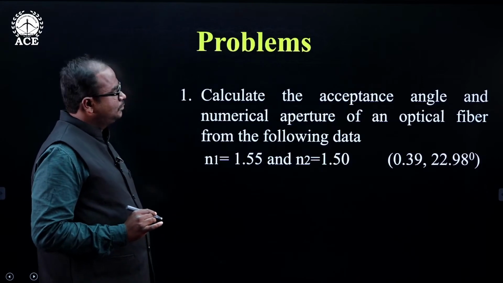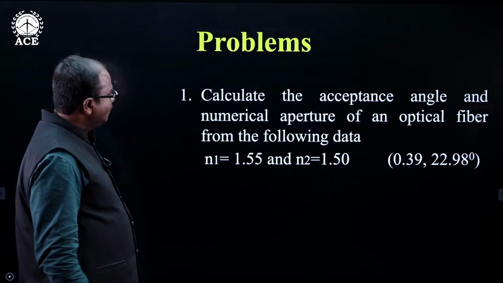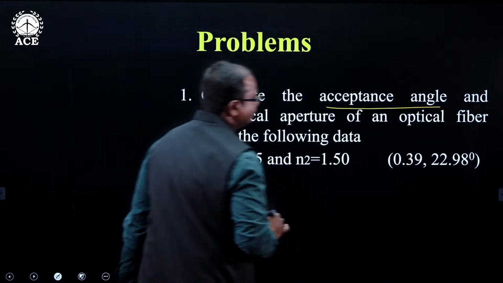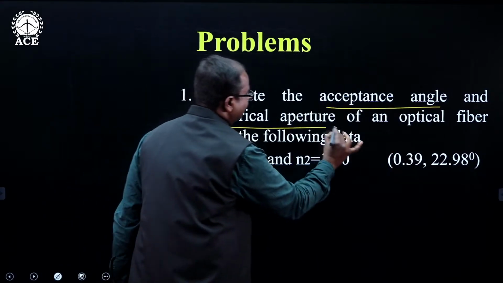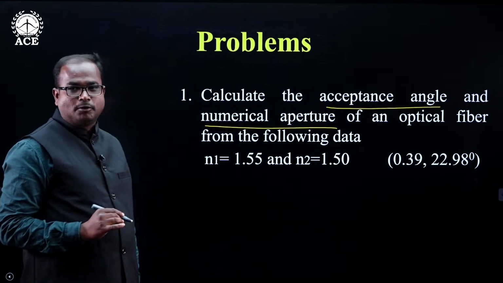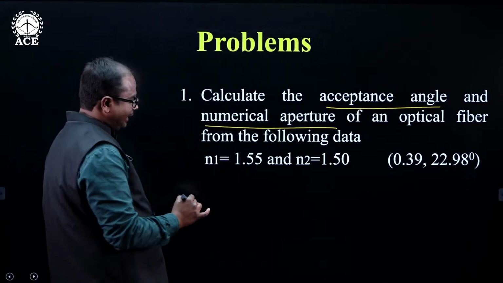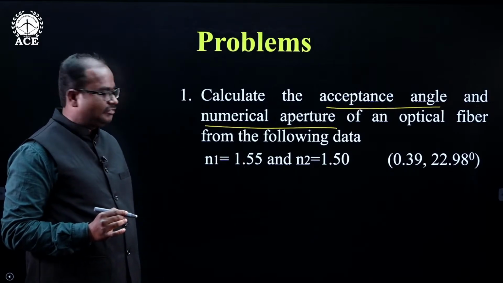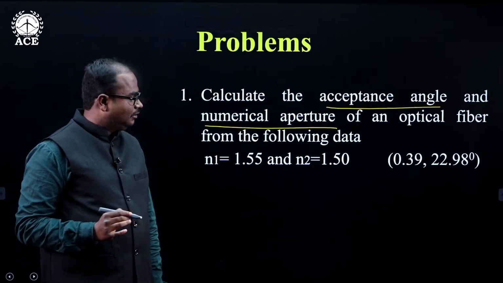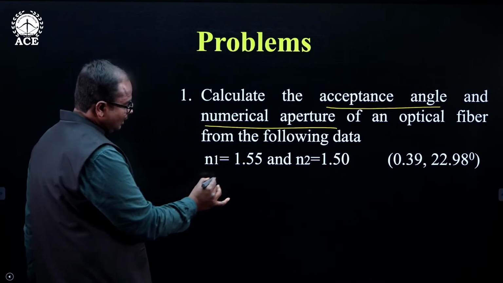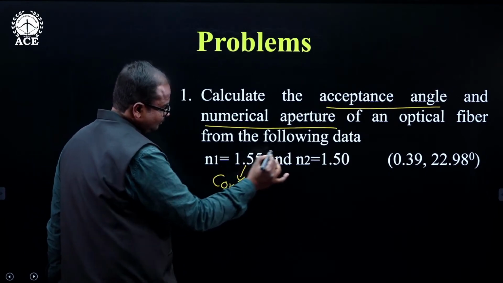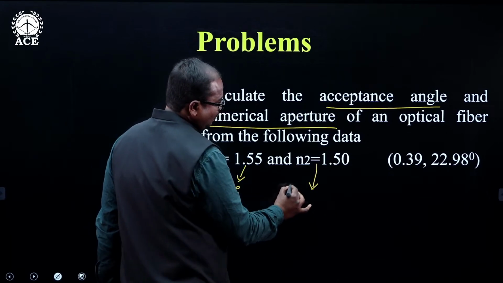So if you see the first problem, calculate the acceptance angle and numerical aperture of an optical fiber from the following data. What is the data given? n1 is equal to 1.55, n2 is equal to 1.50. That means n1 is the refractive index of core, and n2 is the refractive index of cladding.